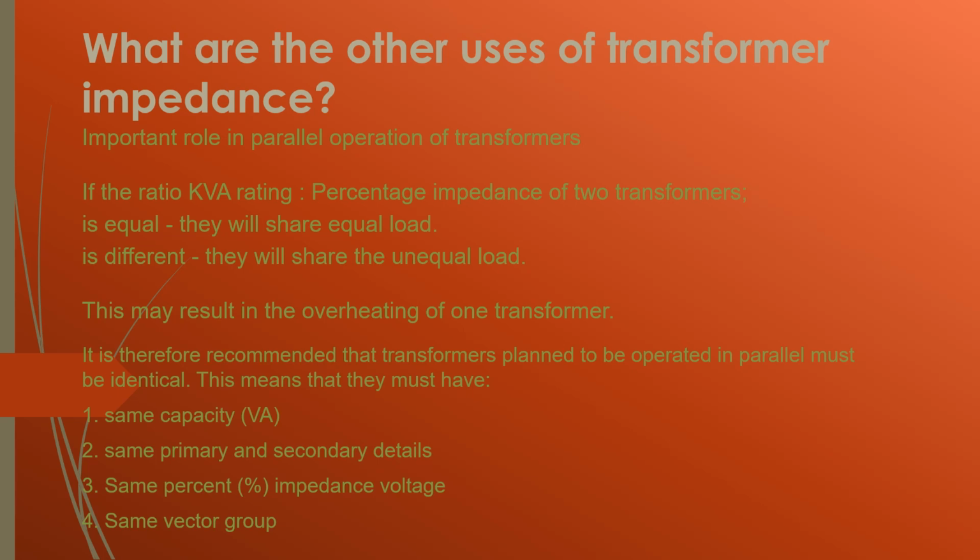Number two, they must have the same primary and secondary details. Number three, they must have the same percent impedance voltage. And number four, they must have the same vector group.